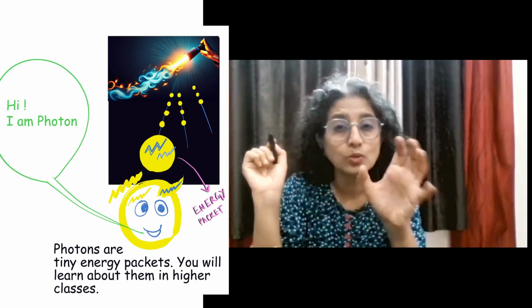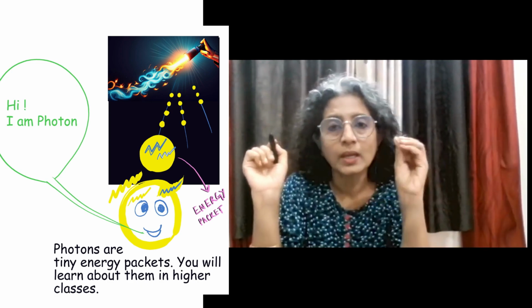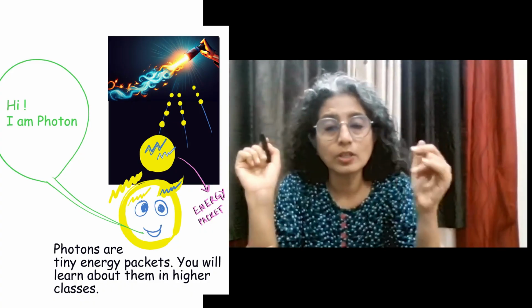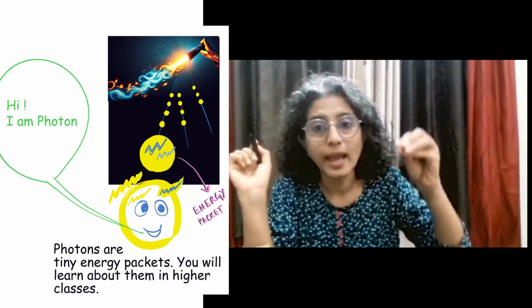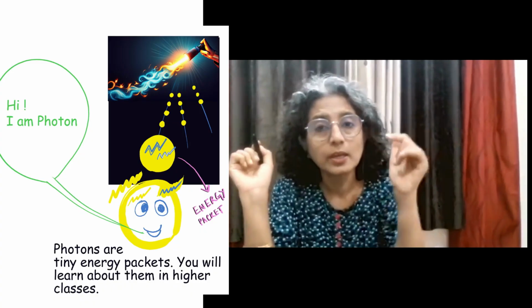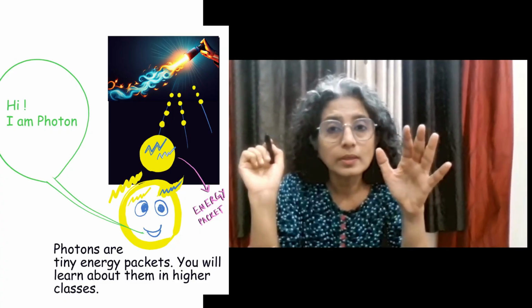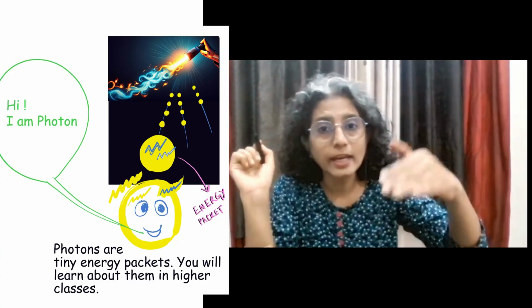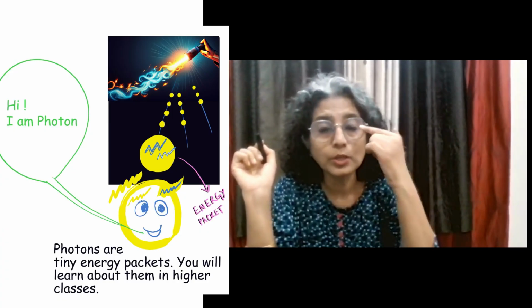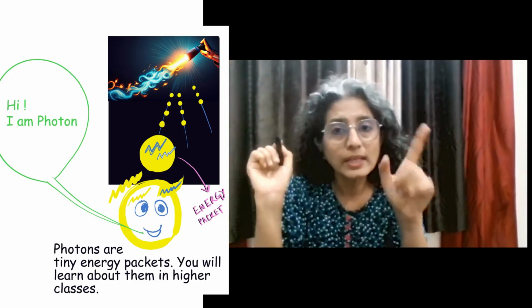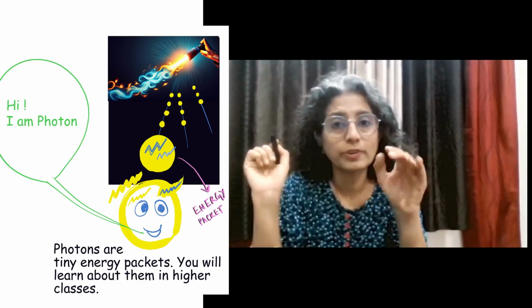We didn't know so much about photons then, but that concept that a light ray has to first hit an object, and then that ray has to be reflected, or its direction is changed, to go into our eyes. So we learn about reflection, refraction, and all.